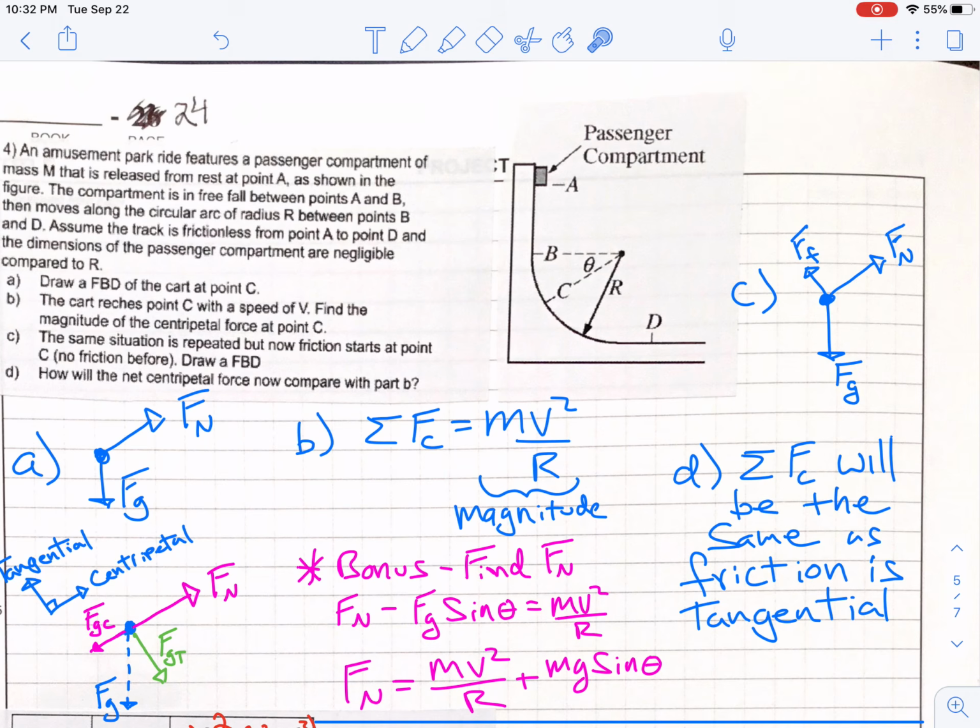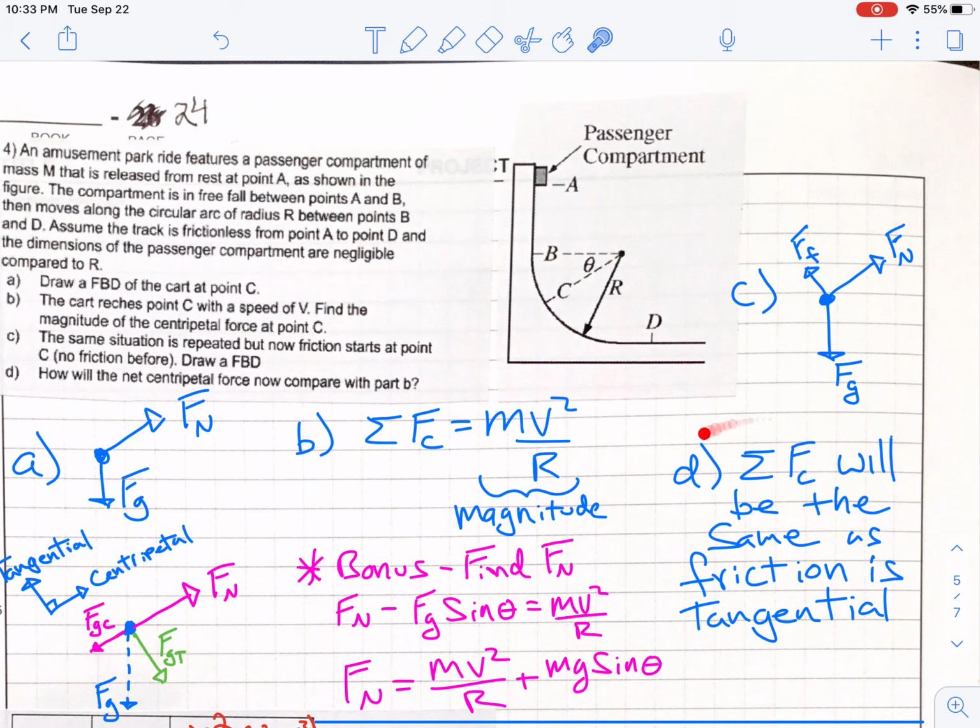centripetal forces, right? Now, if you had already encountered friction for a while, friction will slow you down. When friction slows you down, you're going to have less centripetal acceleration. And if you have less centripetal acceleration, that would reduce the normal force.